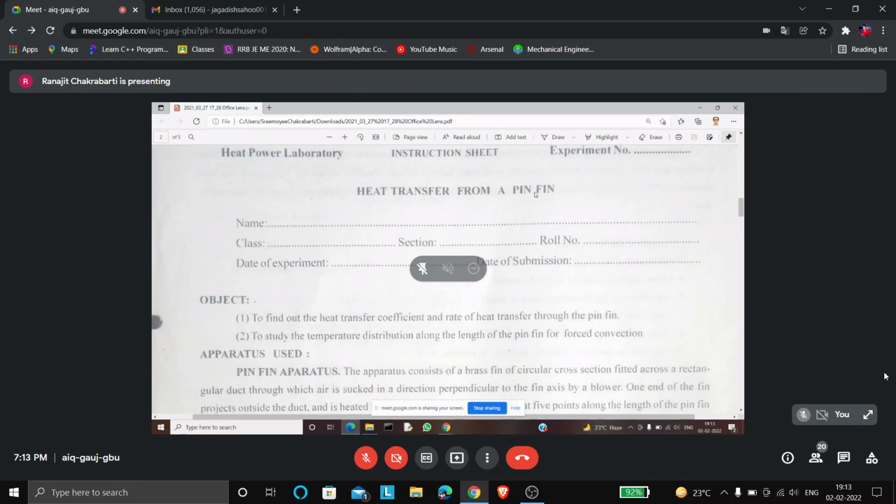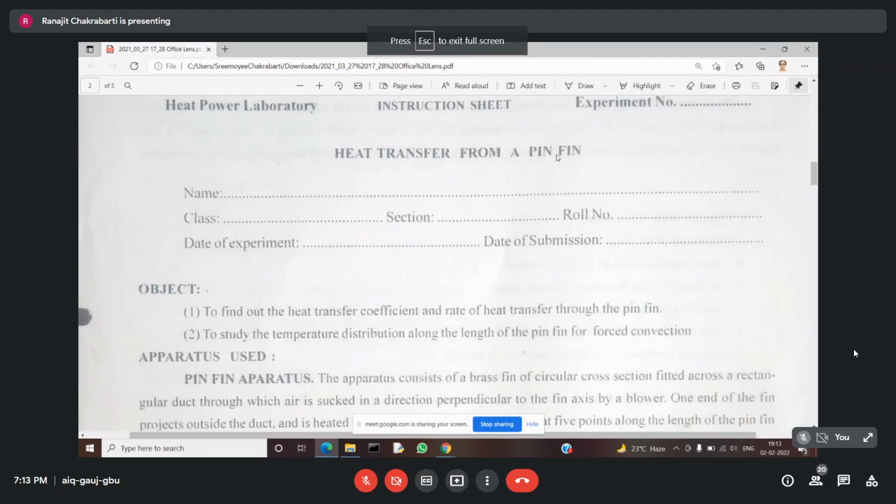Now we will explain the heat transfer theory related to this experiment to the extent possible, but sometimes it may need more in-depth study. For that, I suggest you refer to the book by Incropera, which you have already read, I think.